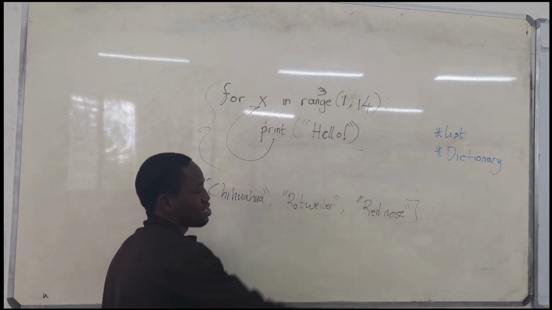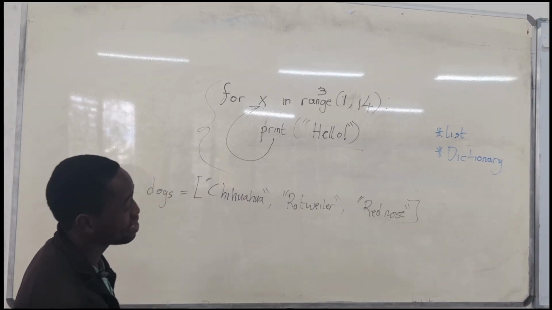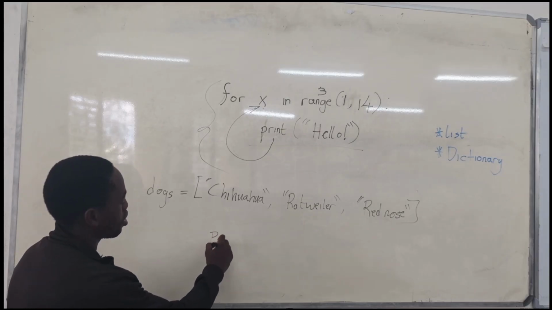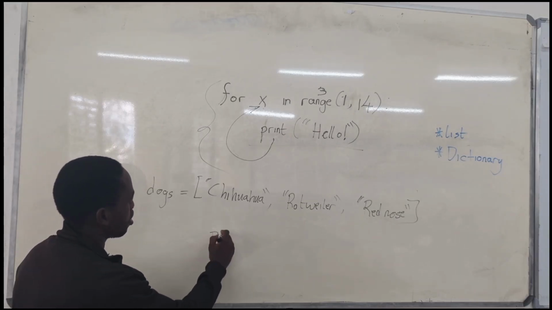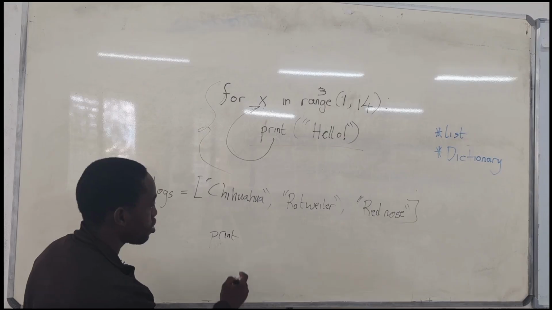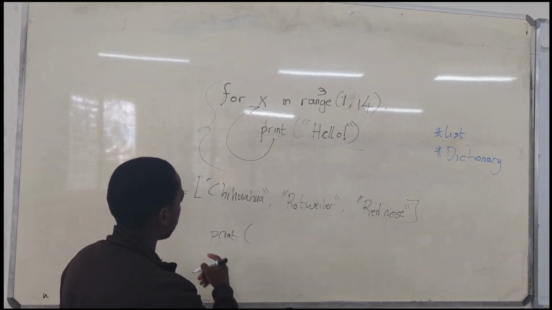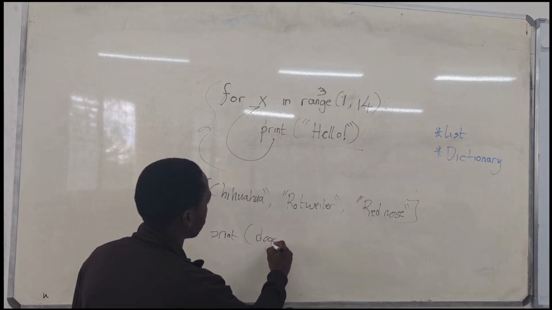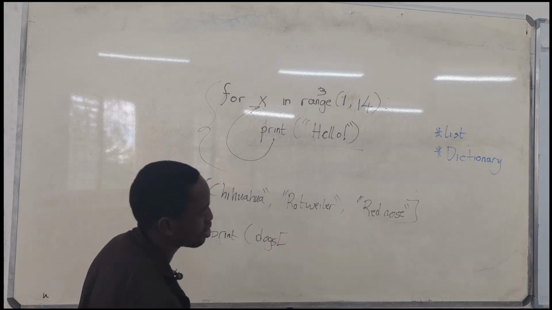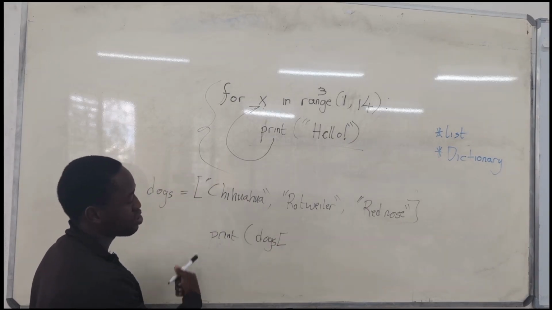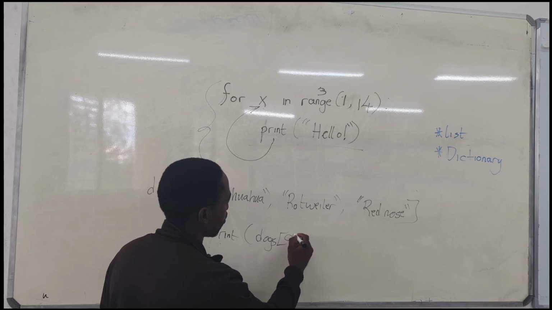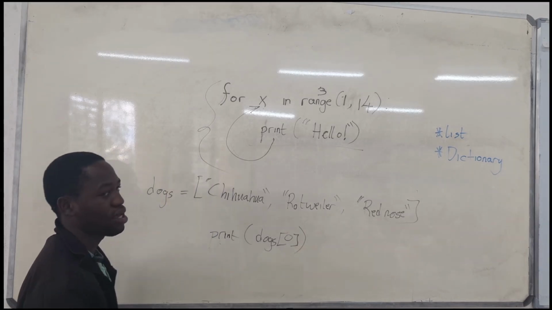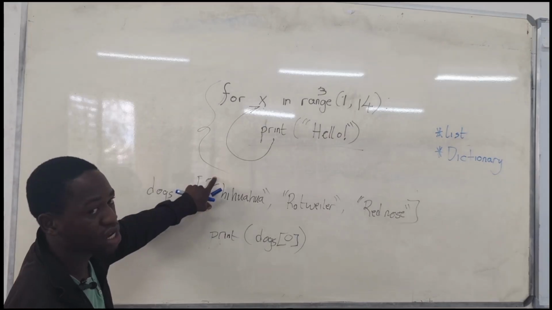When you wanted to print something with this, you would say print and then specify dogs and then the index of what you want to print. So for example, if you wanted to print Chihuahua, you'd say 0. And then it would print this specific one.